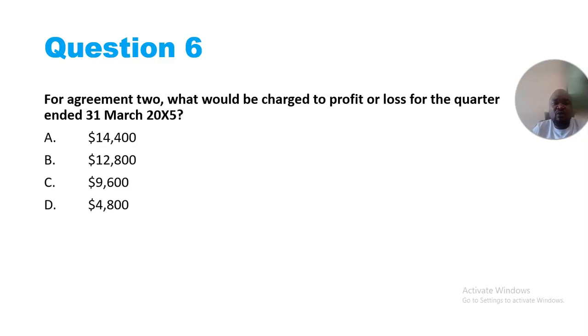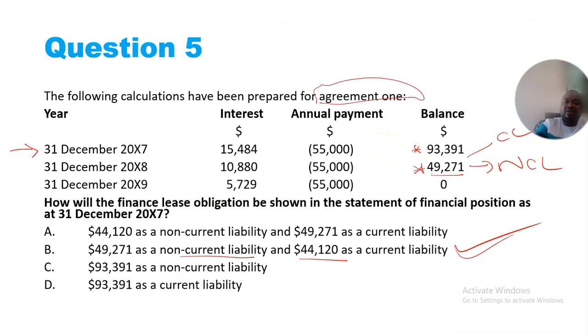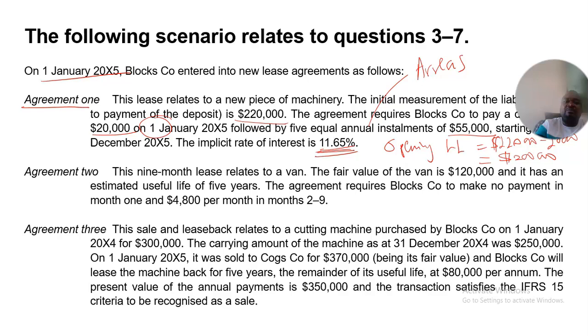Now, for argument 2, what would be charged to profit or loss for the quarter ended 31st March 20x5? So we are looking for the profit or loss charge. Let's go to argument number 2. This 9-month lease relates to a van.